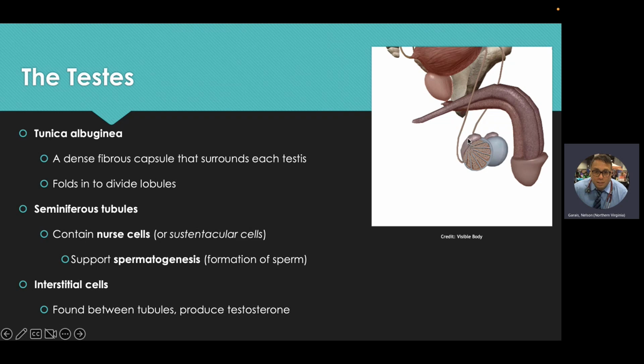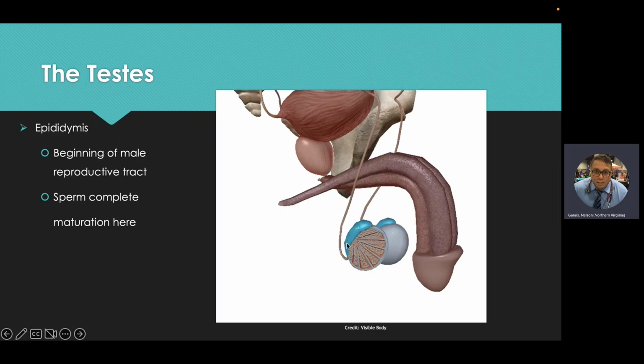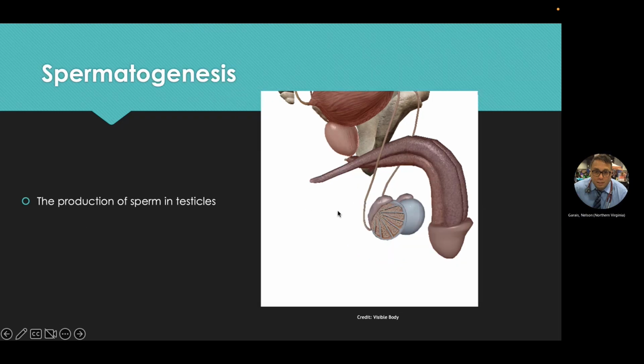Then it will get into the epididymis, which is right here, the area right after the testes, and that's the area of maturation of sperm, at this artificially colored blue area right here.